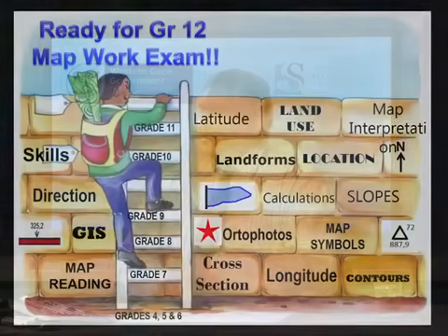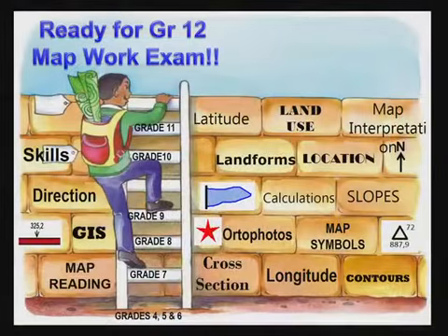Now, Matrics, what we actually did here this afternoon is that I hope you are ready for your Grade 12 Mapwork exam. Now, remember, Mapwork starts actually at primary school already. And you are going to be examined on all these things from Grade 7, 8, 9, right through till Grade 12.